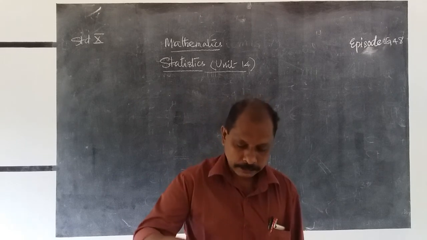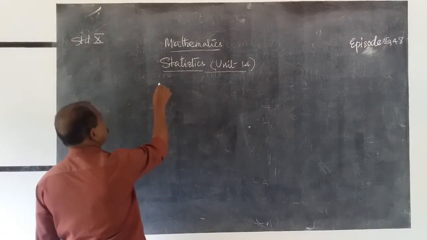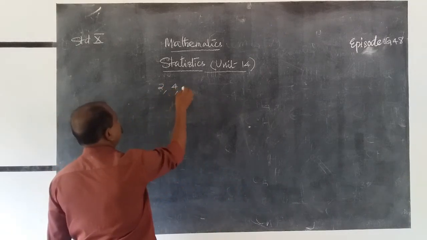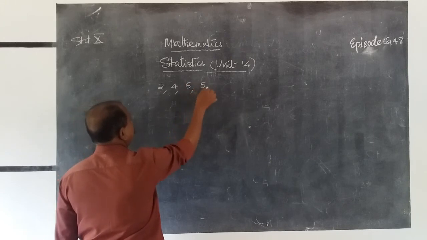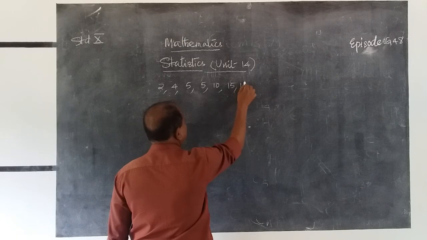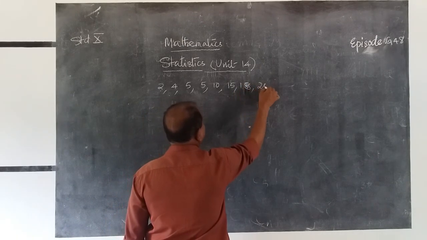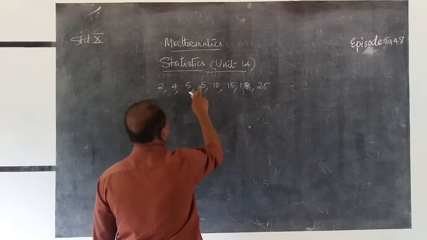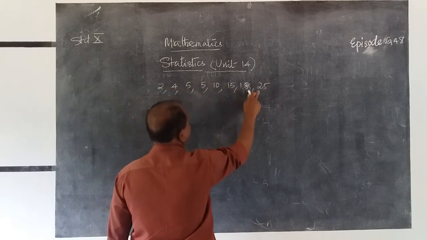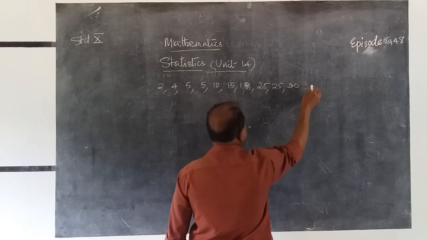In this case, for example, there are several values: 2, 4, 5, 10, 15, 30, 18, 25 and so on. There are 10 values.